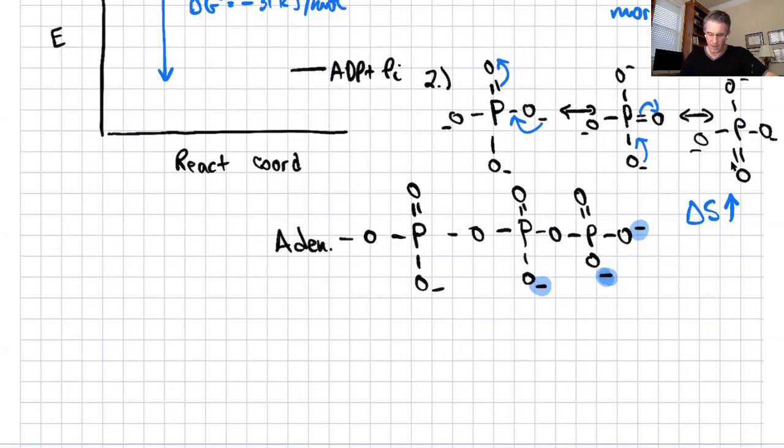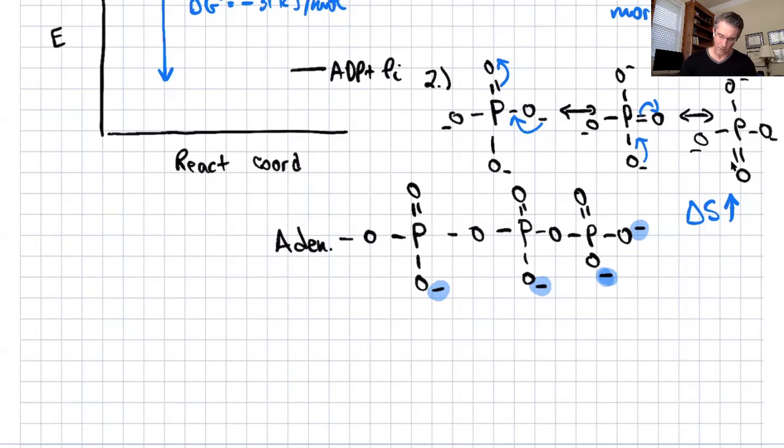Adenine. So here's another one. That's a lot of negative charge crammed onto the end of this molecule. And even with all the counter ion shielding you would get by collecting up cations, you don't completely in any way negate all that negative charge.